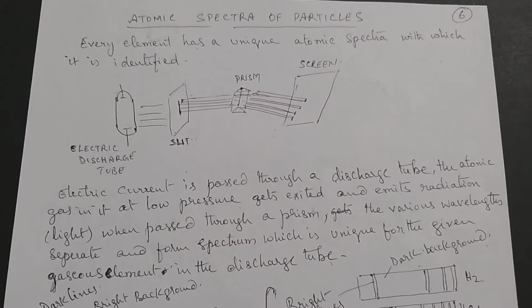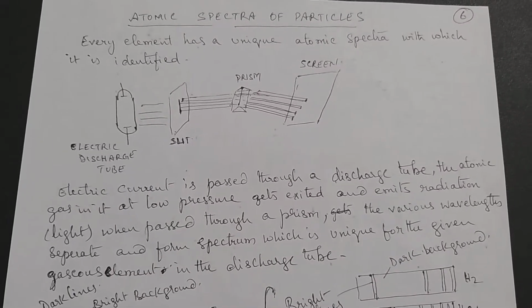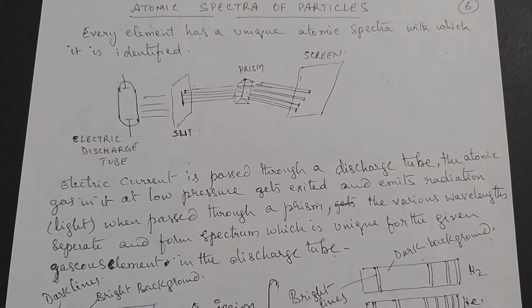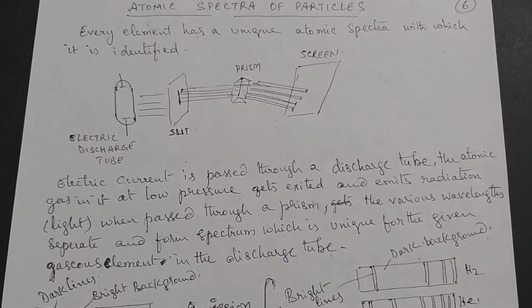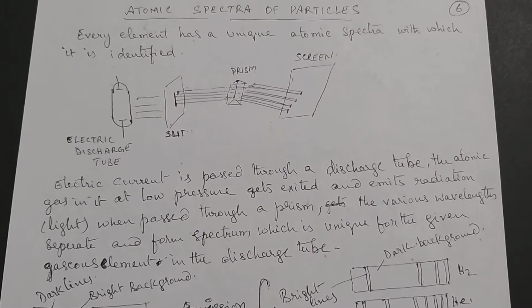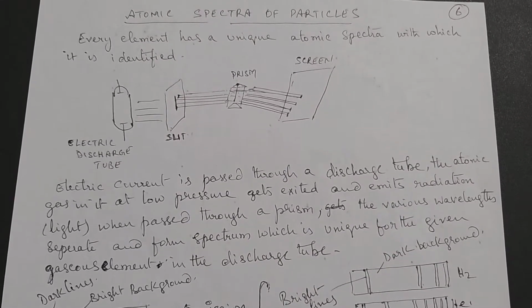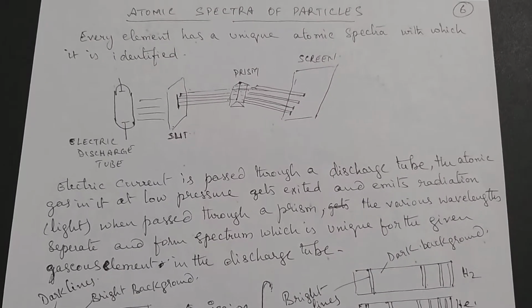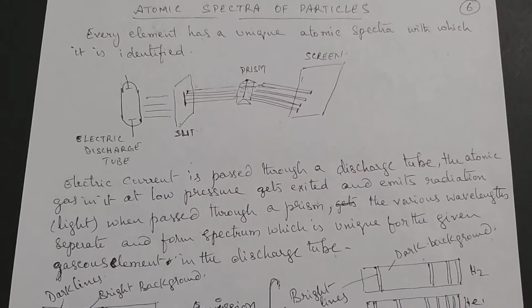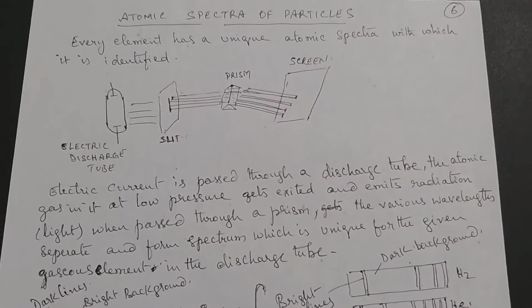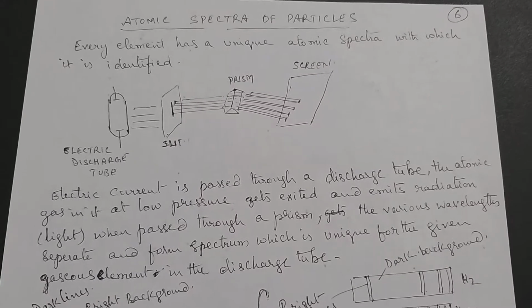There is a cathode and anode, and a high potential difference is applied between these two electrodes. When the current passes through the gas, the gaseous system emits radiation in the form of some color of light, which contains many wavelengths.